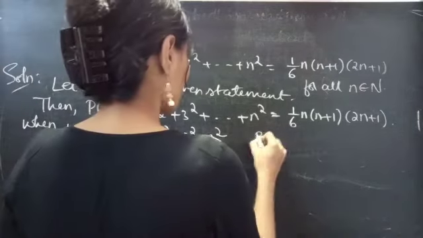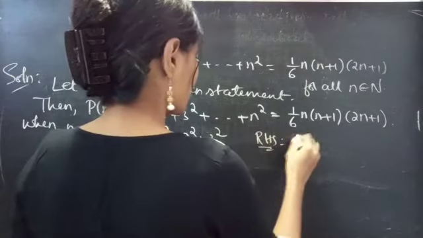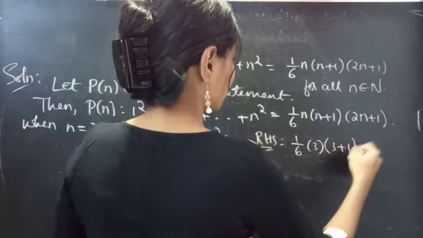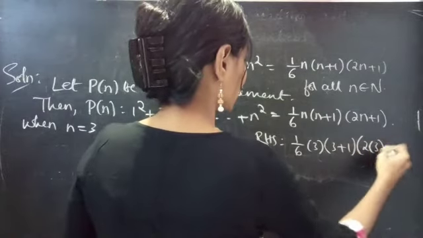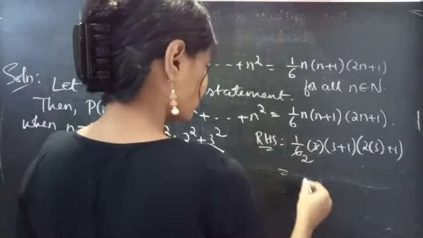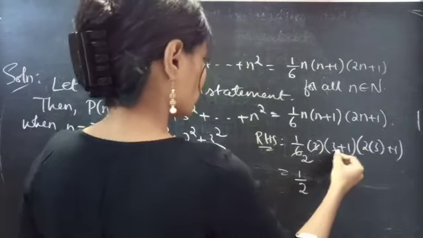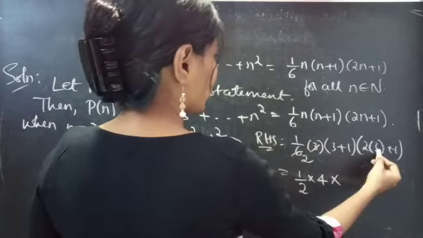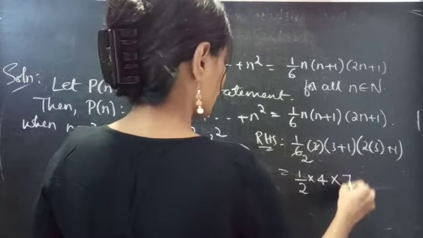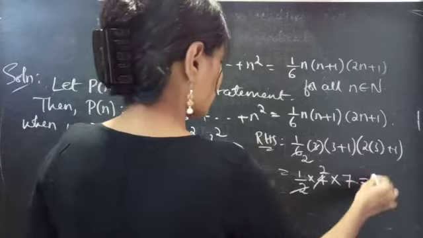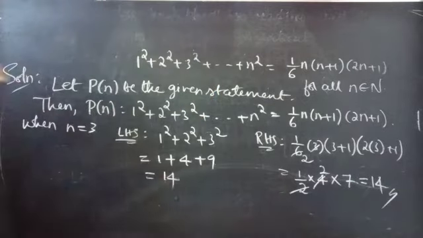Now coming to RHS, simply substitute n equals 3. 1 by 6 into 3 into 3 plus 1, 4, into 3 twos are 6, 6 plus 1, 7. 3 into 4 into 7 is 84, divided by 6 is 14.